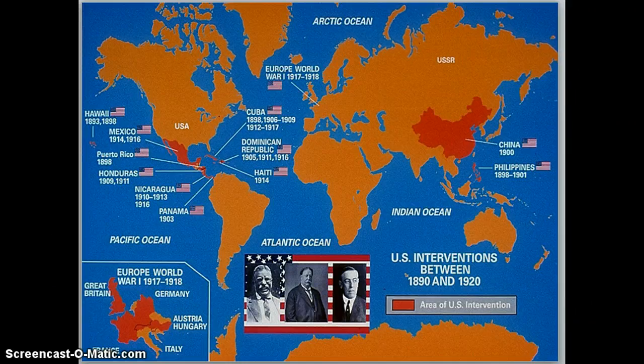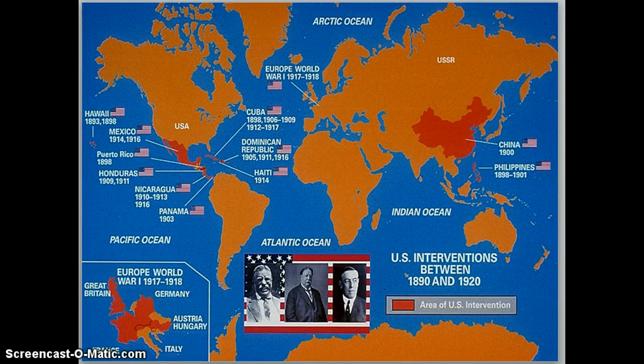But now we'll pick up where we left off, and the first thing I want to talk about are the imperialist presidents. If you look on this map, you'll see the four imperialist presidents that we talk about, the first one being McKinley, which you saw in the last political cartoon. The next three are actually the three progressive presidents that we mentioned in Chapter 9.